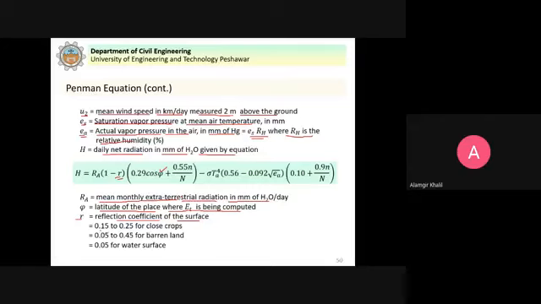These guideline values are given: 0.15 to 0.25 for close crops, for barren land it is 0.35 to 0.45, and for water surface it is 0.05.